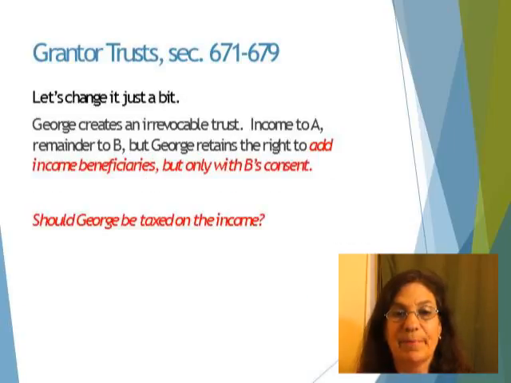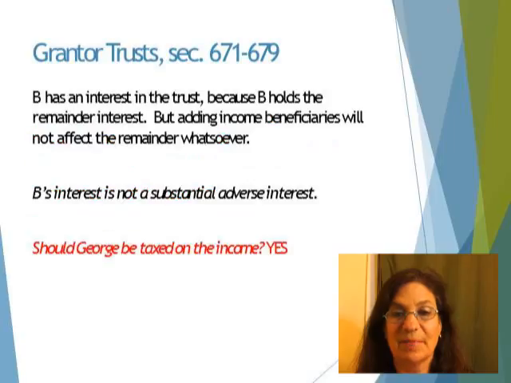Now, what if George, same thing, could add income beneficiaries, but only with B's consent? Is that the same, or should we tax George on the income? Well, B does have an interest in the trust. He's going to get the remainder, but B doesn't really care who's getting the income. Right?